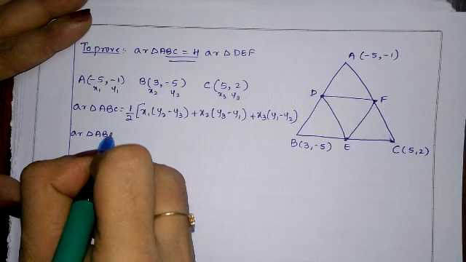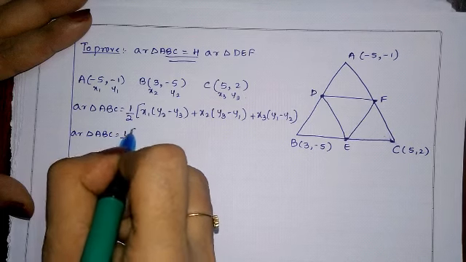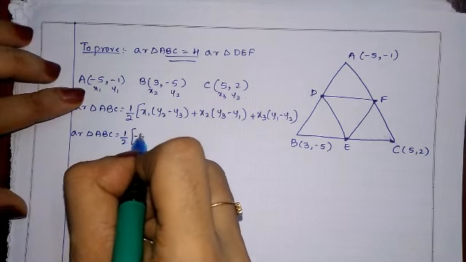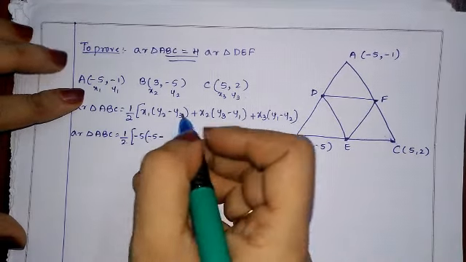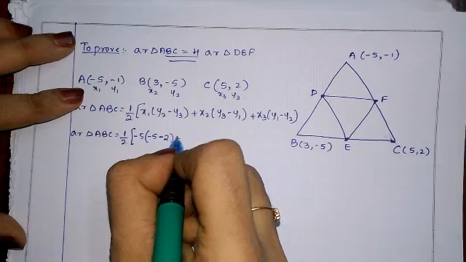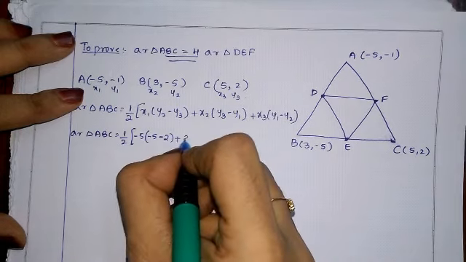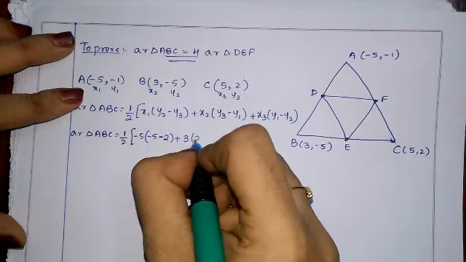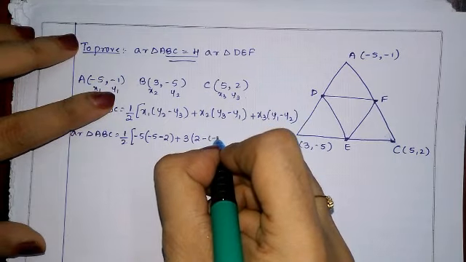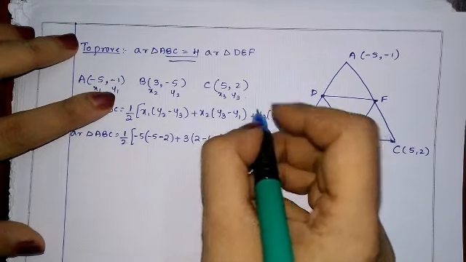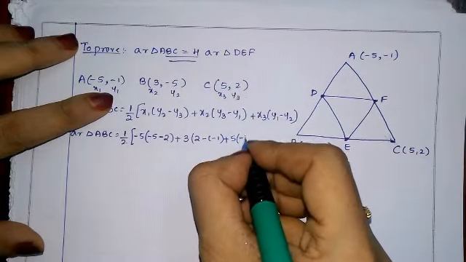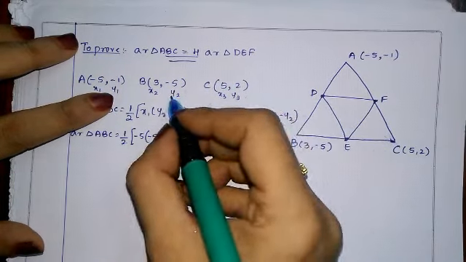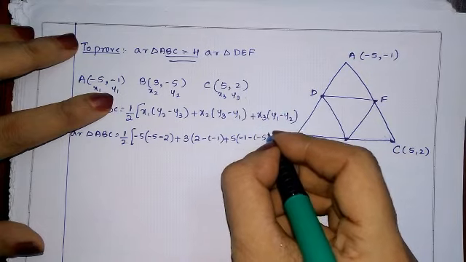Area of triangle ABC is equal to half of x1, which is -5, times y2 minus y3, that is -5 minus 2, plus x2, which is 3, times y3 minus y1, that is 2 minus (-1), plus x3, which is 5, times y1 minus y2, that is -1 minus (-5).